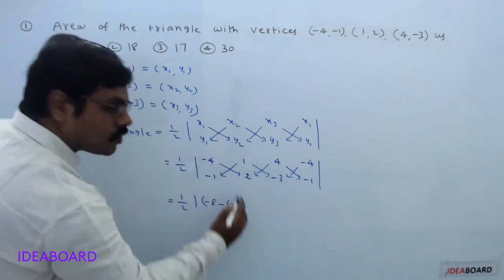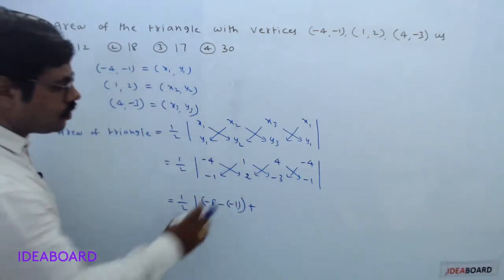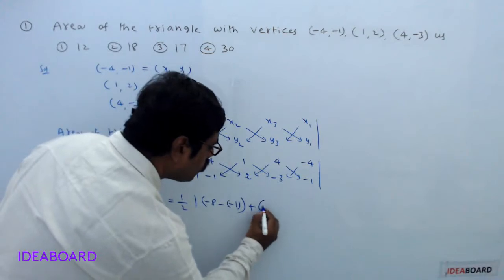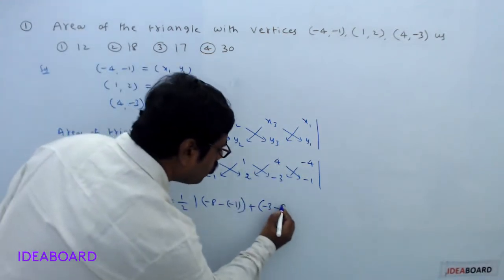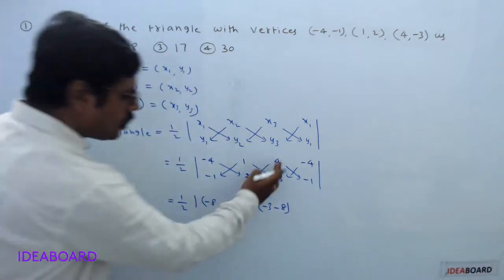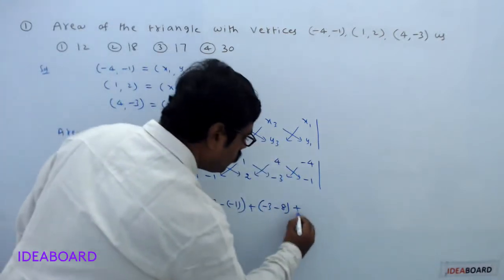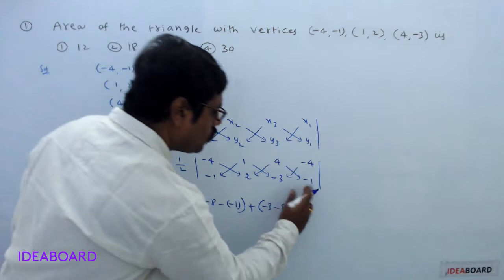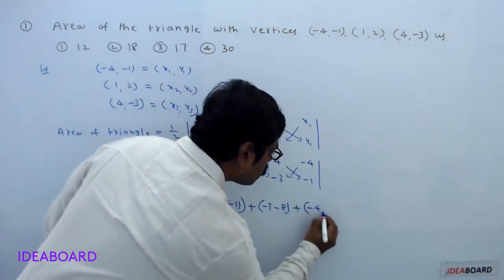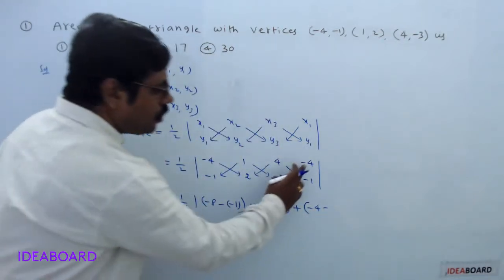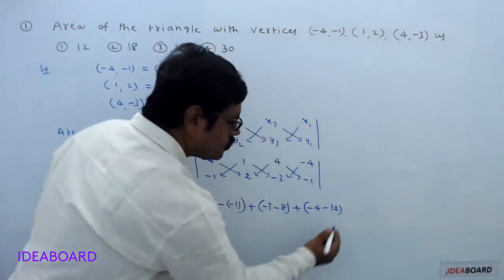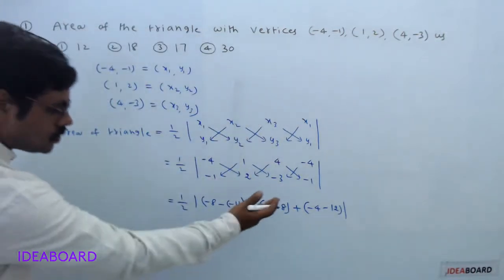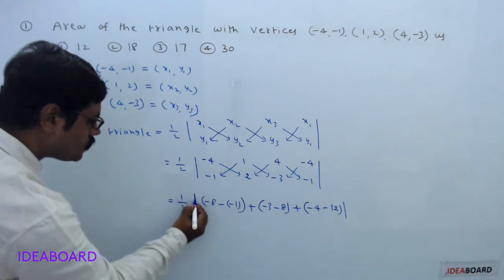Now this part is over, plus 1 into minus 3 is minus 3, minus 4 into 2 is minus 8. Now this part is completed, plus 4 into minus 1 is minus 4, minus 4 into minus 3 is plus 12. Now simplify these constant terms.